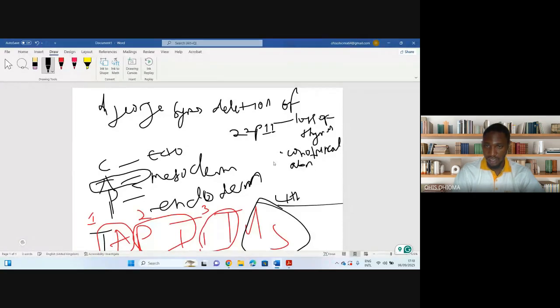Conotruncal abnormalities means abnormalities that affect the truncus arteriosus, so abnormalities that affect that part of the baby are known as conotruncal abnormalities. And the last but not the least is that the patient doesn't have a parathyroid gland, so there's loss of the PTH gland.